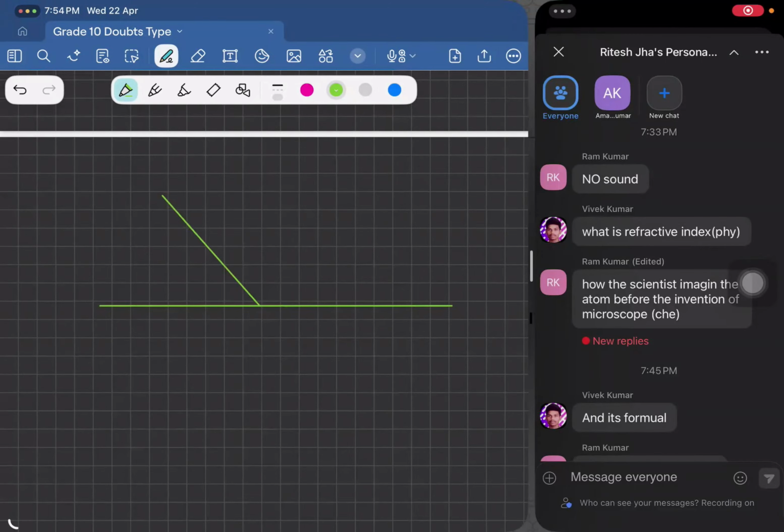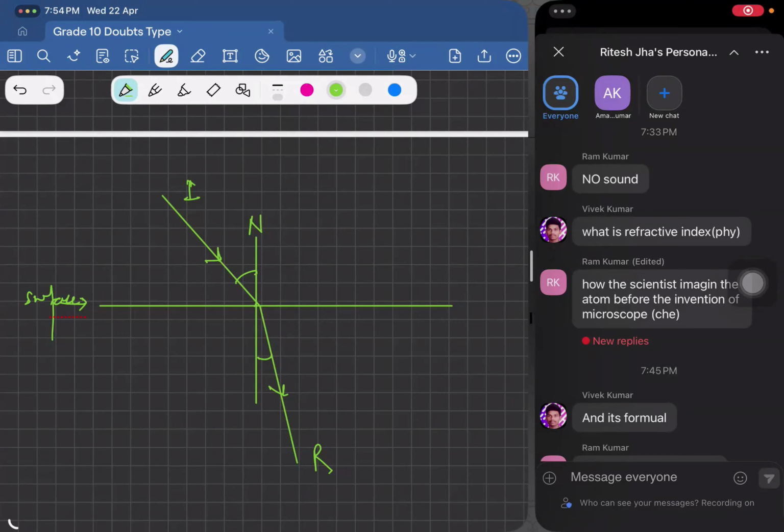They make some kind of angle with the normal. What is normal? Normal is a straight line which is perpendicular to the surface. This is the surface. So here I gave you the terms incident ray, normal, refracted ray, and refraction. What is refraction? The bending of light because of the change in the medium with different density.